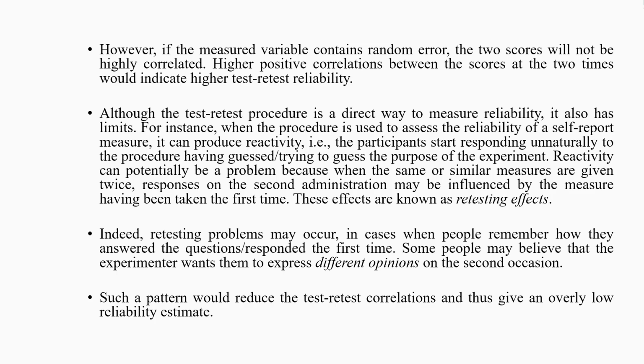So, the idea is that whatever measure of correlation you get, it will be approaching 1, in the high range, let us say 0.70 and above. Now, if your measured variable contains random error, the two scores will obviously not be highly correlated. So, higher positive correlations between the scores at the two times would indicate higher test-retest reliability, and low correlations will indicate low test-retest reliability.